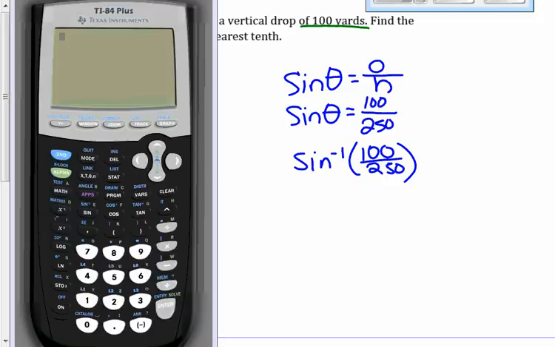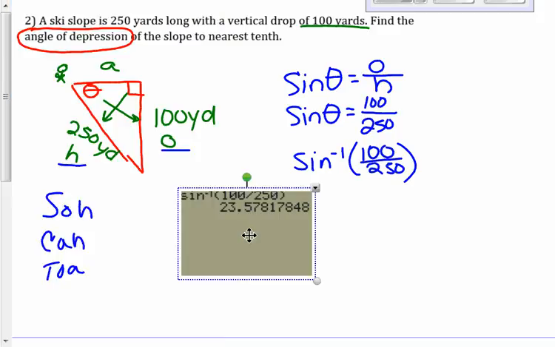So we put in second sine to give us the inverse, 100 divided by 250, and enter. This problem wants our answer to the nearest tenth, so we have 0.57, so we're rounding up. So theta comes out to be 23.6 degrees.